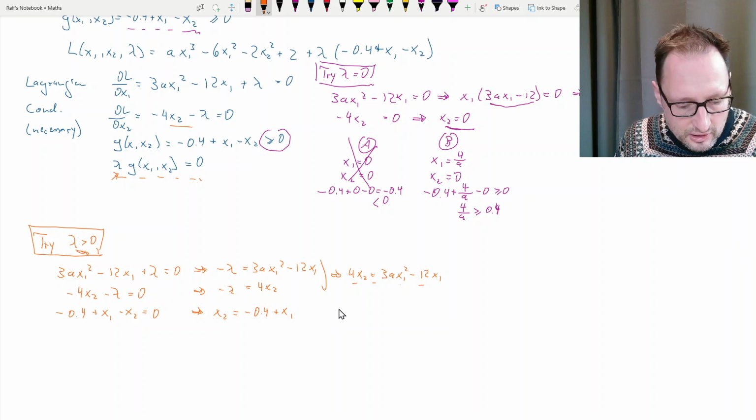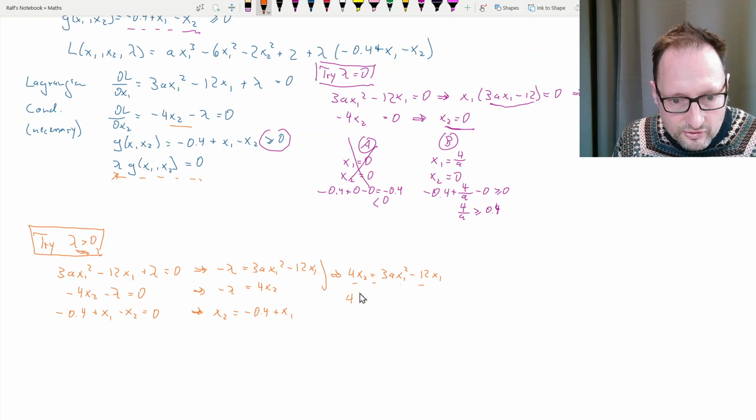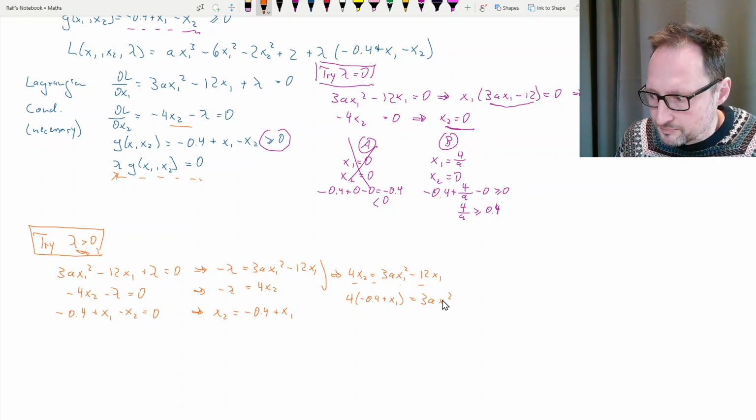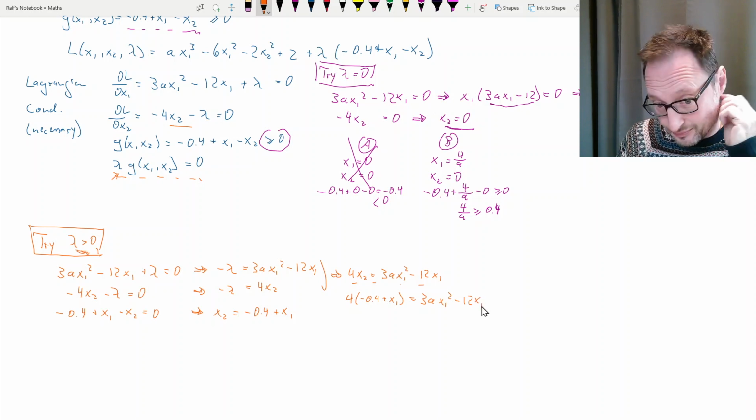So if we do this, we get 4, and now instead of x2 we have negative 0.4 plus x1, and that is equal to 3a x1 squared minus 12x1.